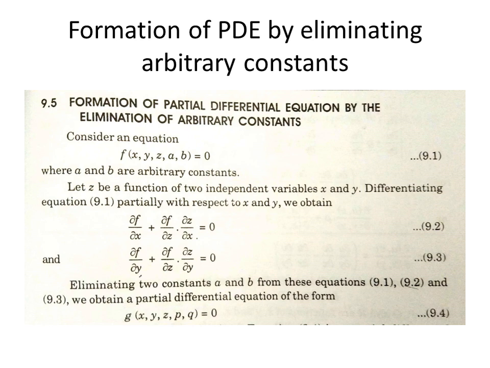So here we have to eliminate two constants a and b, and for the purpose we have three equations, 9.1, 9.2 and 9.3.